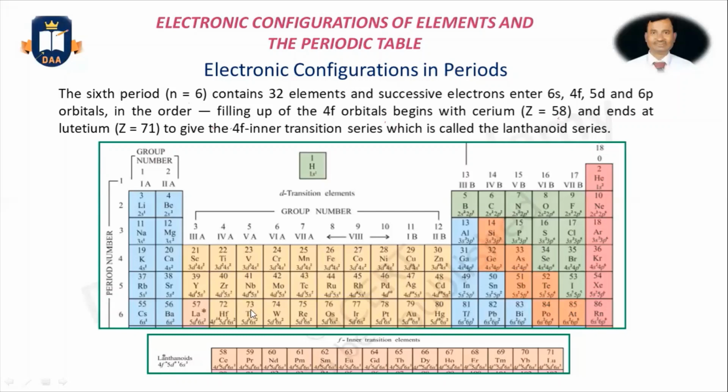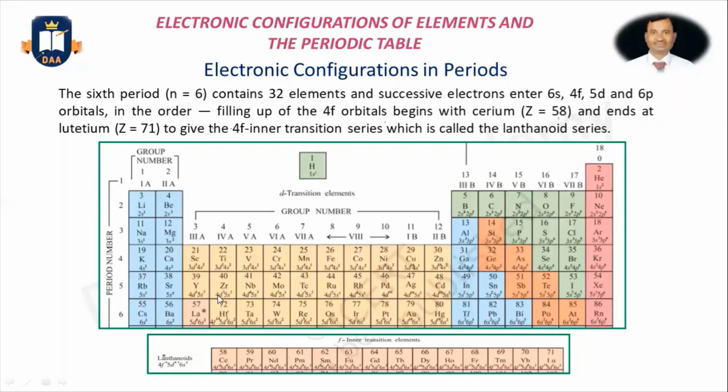And you can see in this periodic table, it starts from cesium, whose atomic number is 55, and it ends with Rn, whose atomic number is 86.